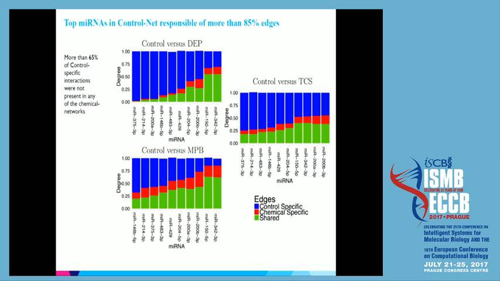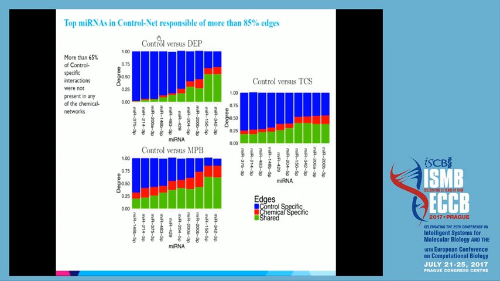This is a plot showing the top microRNAs in the network based on control. For each microRNA, we show the proportion of control-specific edges in blue, the proportion of chemical-specific edges in red, and the proportion of shared edges. As you can see, there is a lot of control-specific, as we expect.